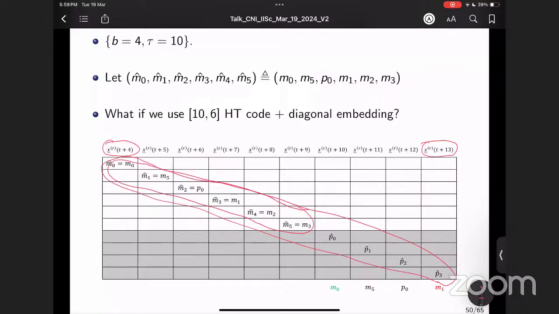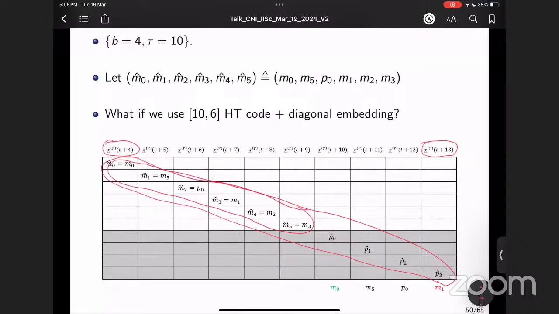Now the question is, can I use a plain (10,6) HT code? Will it work? Let's quickly explore that. Let's assume that we are using a (10,6) HT code. M0 cap is being sent at time T+4, and a (10,6) HT code effectively has a delay of 6.